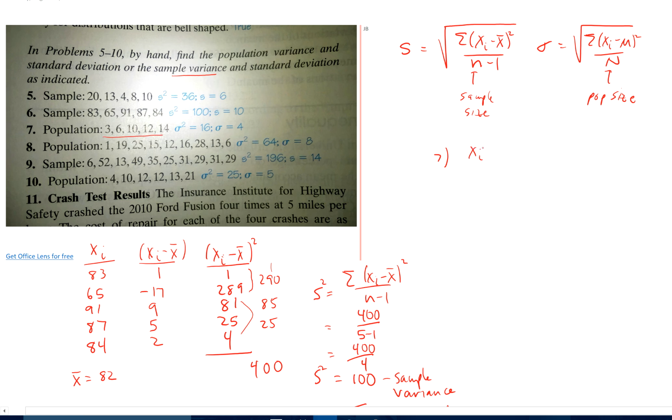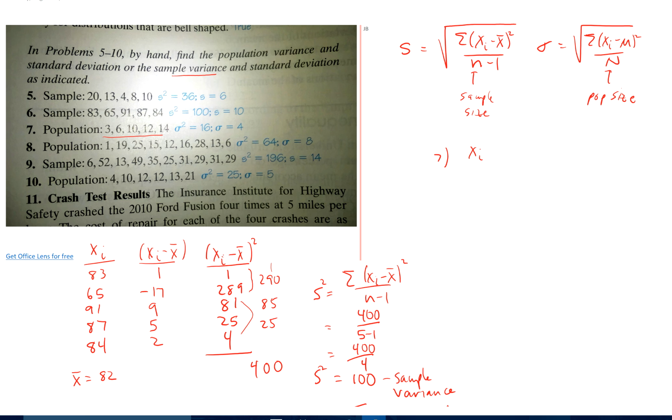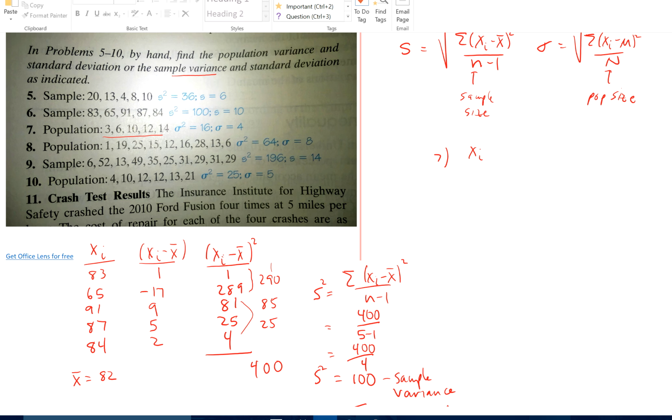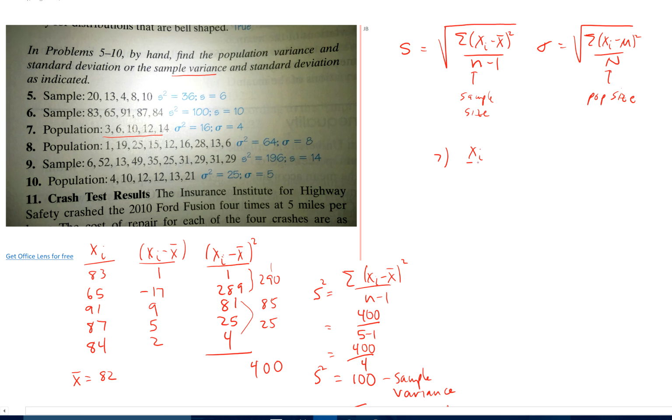So x sub i, I'm going to do that in a different color. I don't know if I can change colors on this here. Yeah, I can't get to my marker because it's behind my screen here. So we'll do it in red. So x sub i is 3, 6, 10, 12, 14.